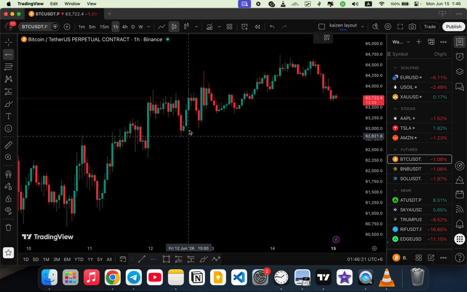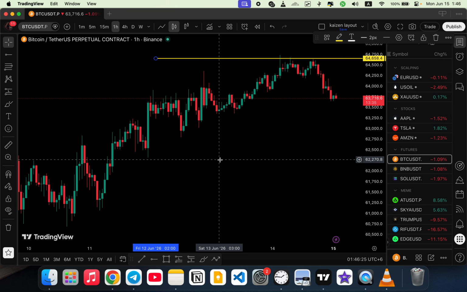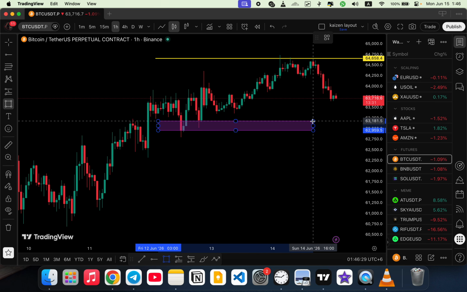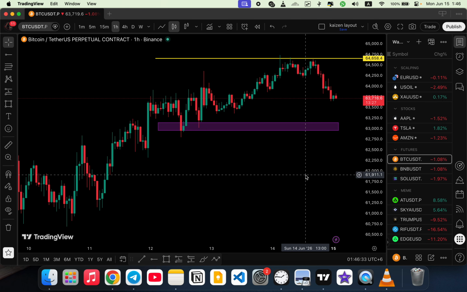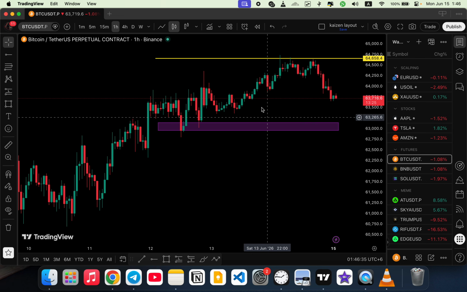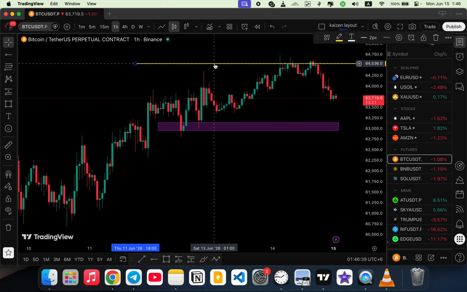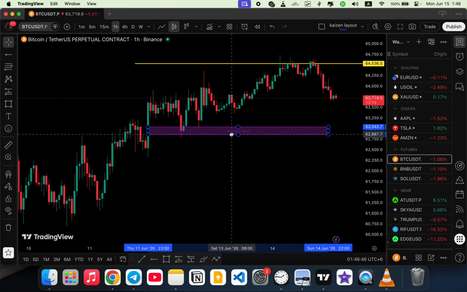First of all, when you draw a support and resistance level, you have to pick a line like this, or you can pick a horizontal zone or rectangle shape. You can use both. Some people use lines for resistance or support, and other people use rectangular shapes.